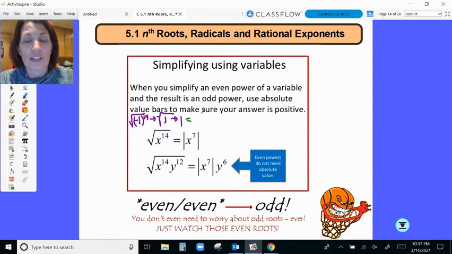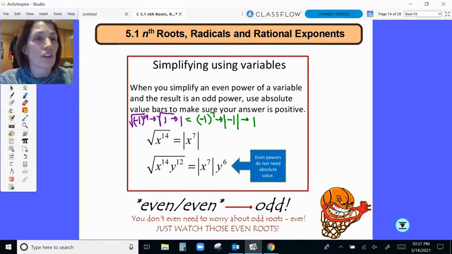So if we substitute -1 after it's simplified, that would become -1 to the 7th power, which ends up being a -1. A positive 1 is not equivalent to a -1. So to ensure that stays positive, we have to always wrap an absolute value around that to make sure that stays a positive 1.